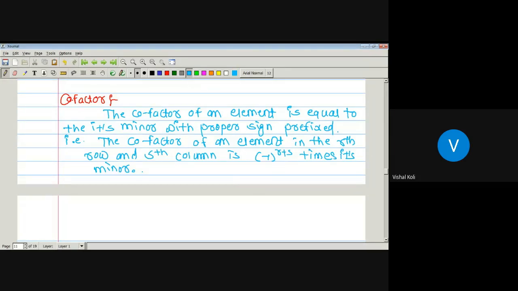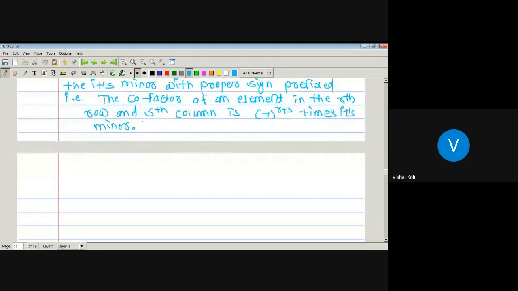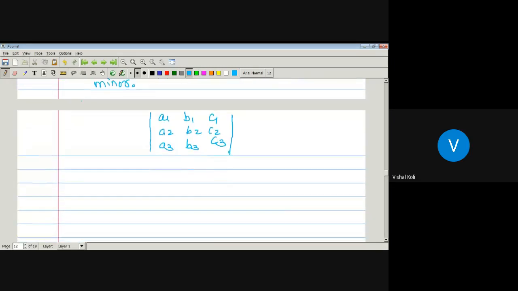Okay, so let us see how to find out the cofactor. If suppose we have a determinant of order 3. Okay, so first find out the minor here. Minor of an element A1 is equal to B2, C2 and B3, C3.